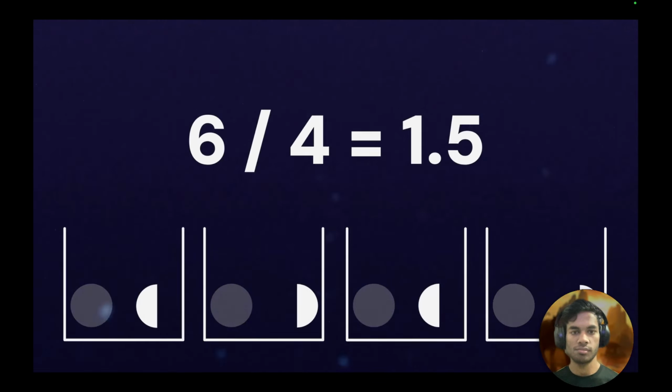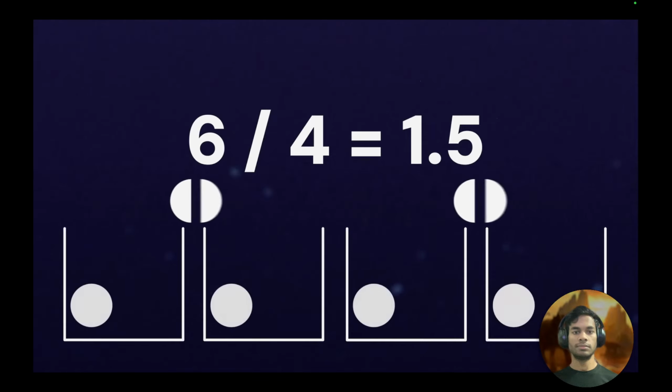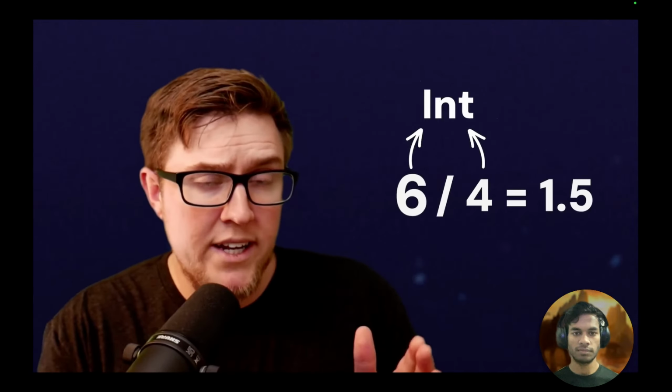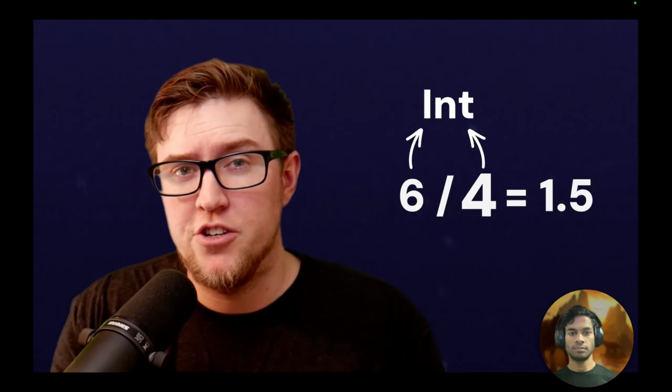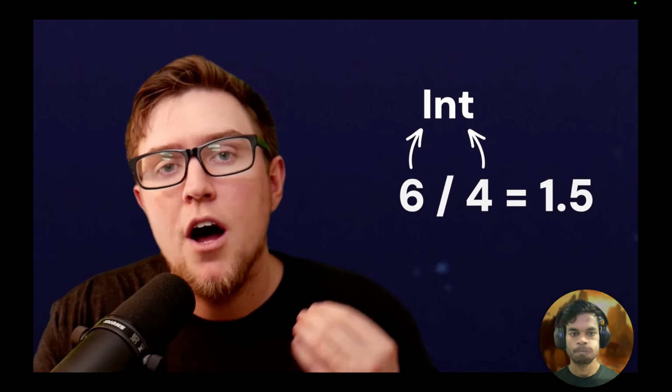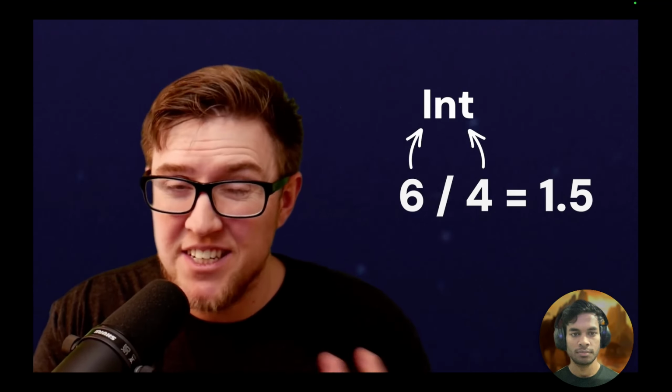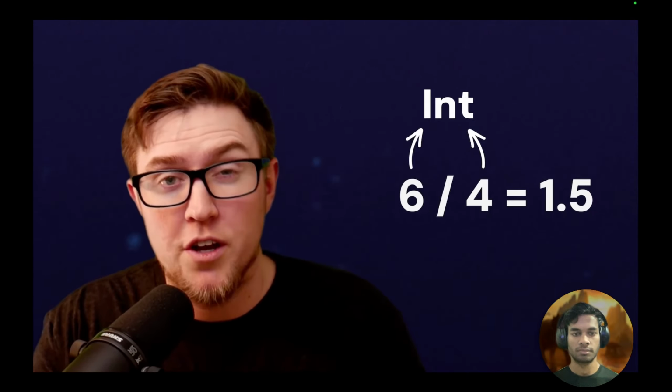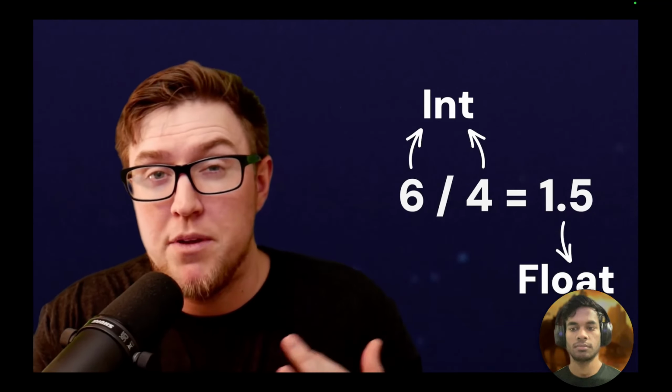Because it goes into 6 once, then we're left with a remainder of 2, and 2 divided by 4 is 0.5. So in all of these examples, we divided one integer by another integer, and at least in the case of the last example, we were left with a fractional part, which isn't an integer. In Python, it's called a float, or in a language like C, it might be called a double.